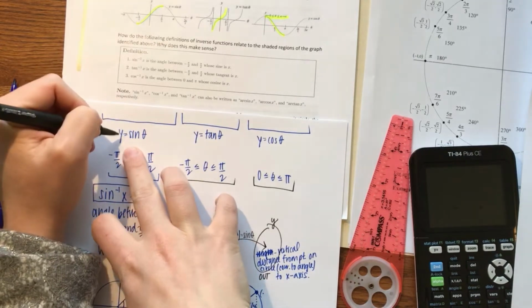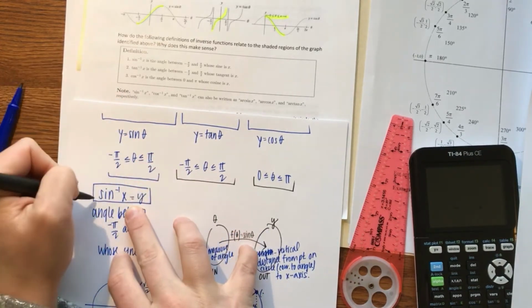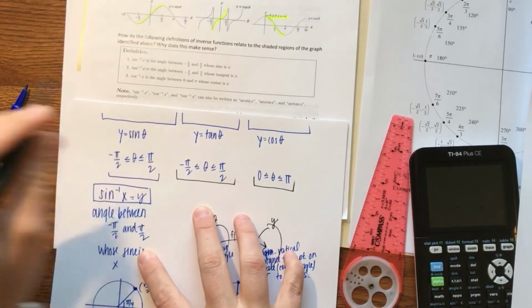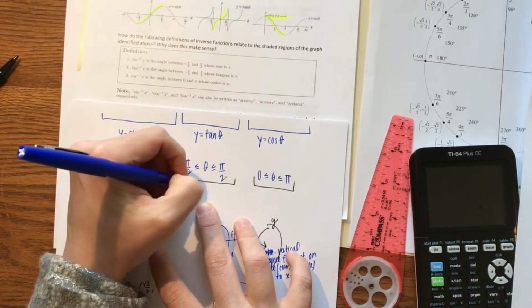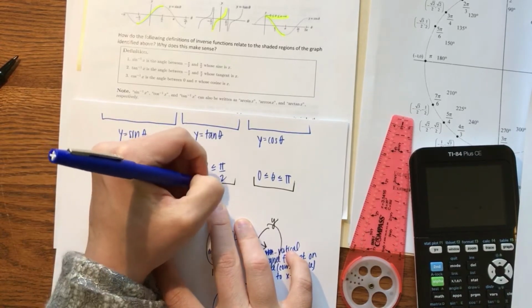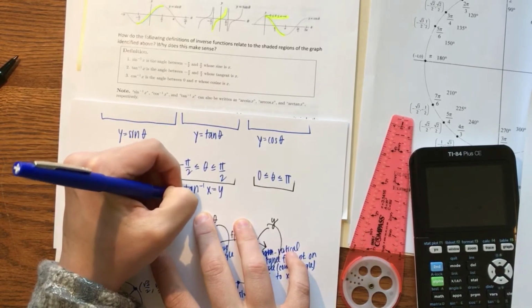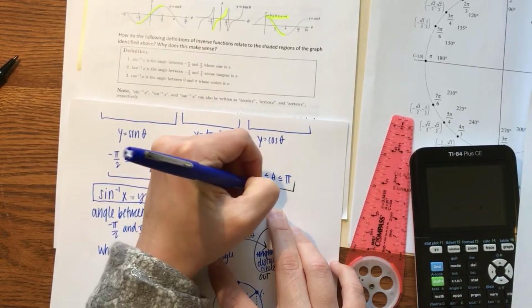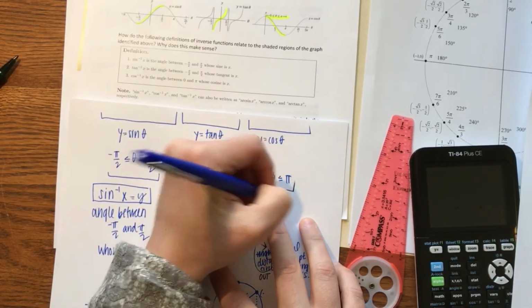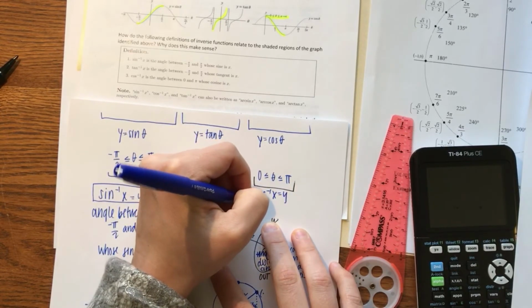We can do sine inverse of y, tan inverse of x equals y, or arctan x equals y. Likewise, cosine inverse and arc cosine.